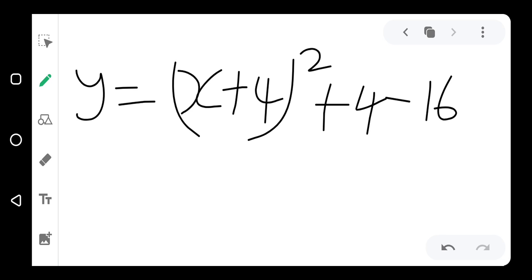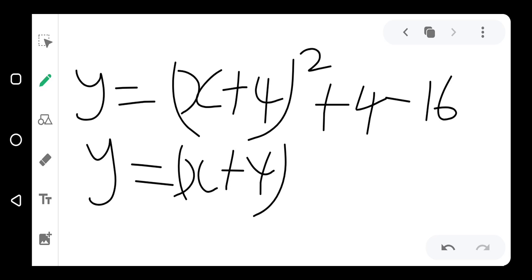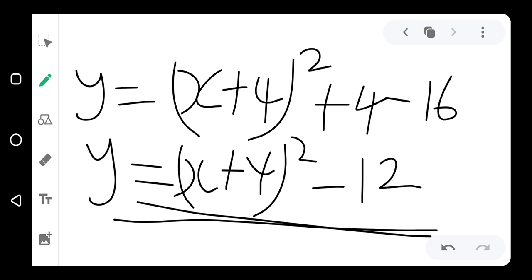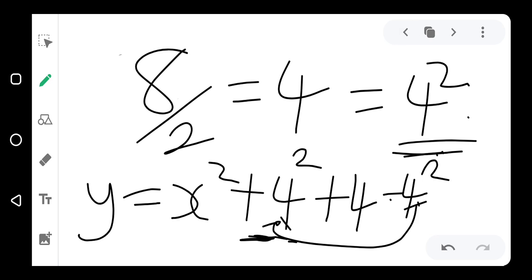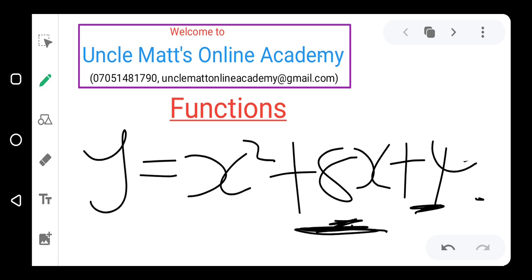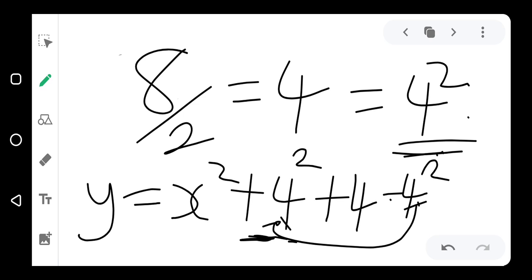Now this gives us that y is equal to x plus 4 squared, then 4 minus 16 is minus 12. So this is the answer. So this is the vertex form of this equation. Transforming it from the normal quadratic form to vertex form gives us this.